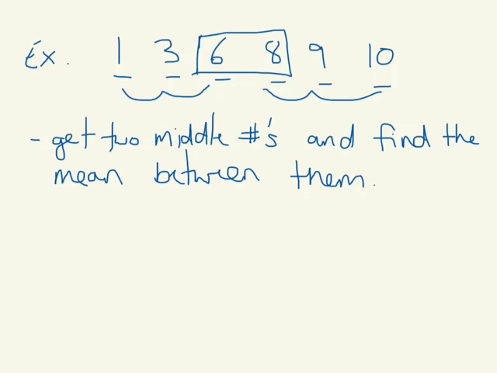Okay. So the mean, remember, is we add up the two numbers and divide by the number of numbers. So the mean of 6 and 8 would be 6 plus 8 is 14. We divide by, we added up two numbers, so 7. So 7 is the mean of those two numbers, and therefore the median of this set of numbers. Okay? Good.